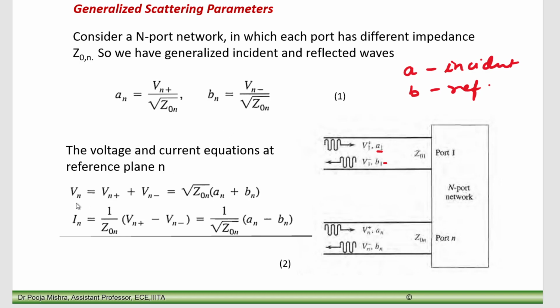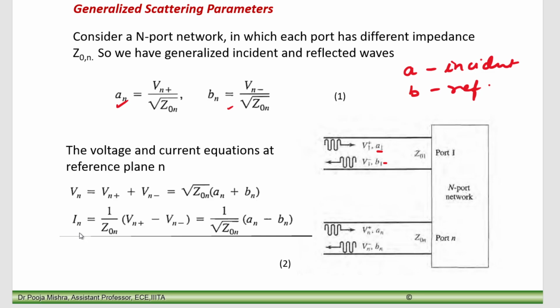Okay, so the total voltage and current equations at reference plane n are denoted as Vn is equal to Vn plus plus Vn minus. From this equation we can write the value of Vn plus and Vn minus. This should come out as under root Zon into (An plus Bn).